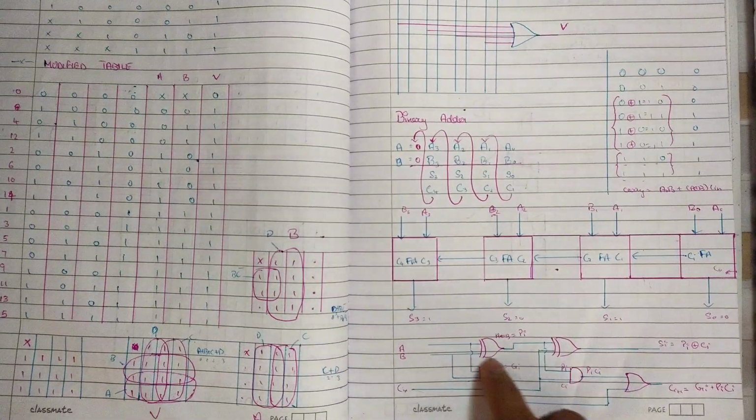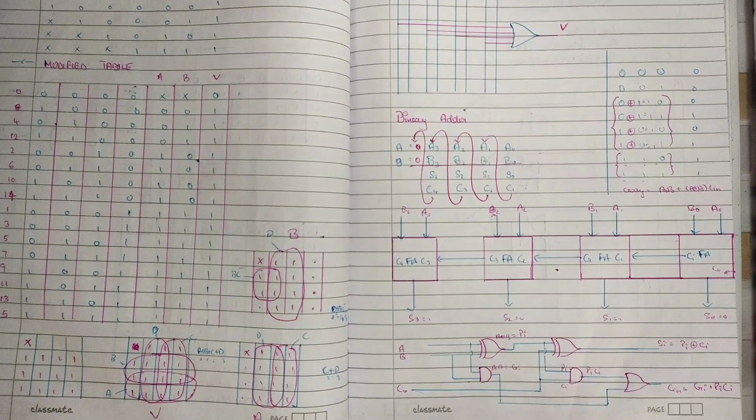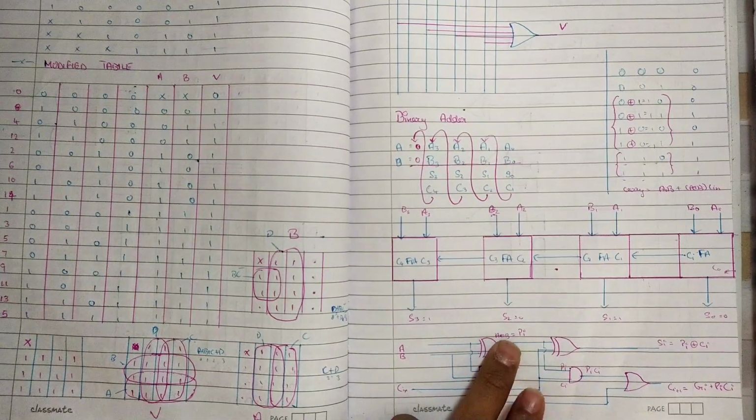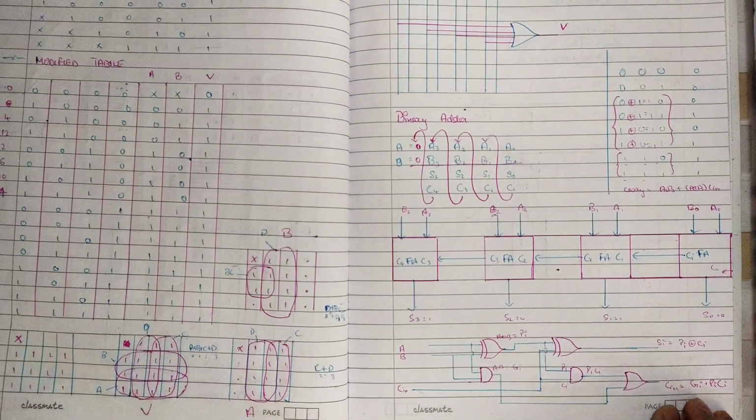Now we have to draw this; it is the same logic diagram we have in our binary adder. Here, multiplication is represented as GI, and for addition, where there is an exclusive OR, we write PI. For carry in we usually take CI.